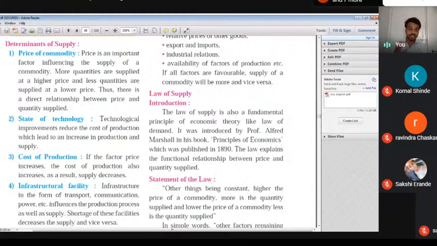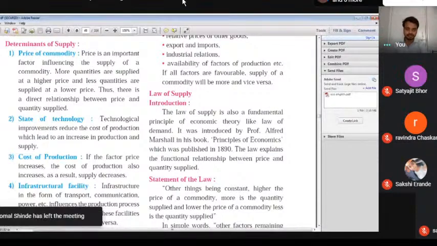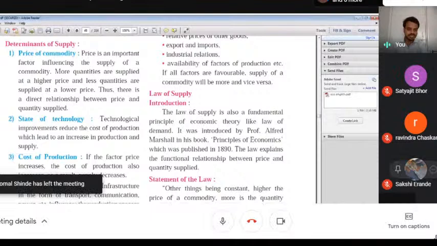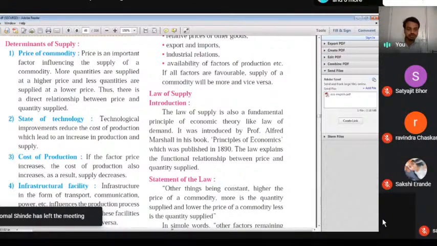When more quantity is supplied at a higher price, remember, Apple mobile cost is always high, so lots of people want to acquire Apple mobile.